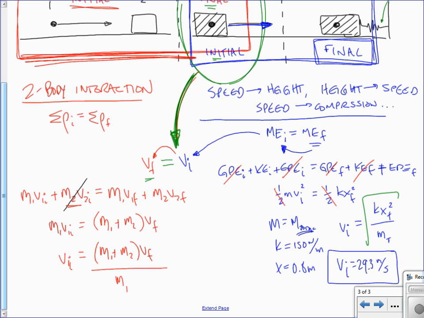or again, what's our vf? Our vf is really that vi. Same thing, right? This vi here, the initial velocity when it started moving this way, is the same as the final velocity after these two things collide.